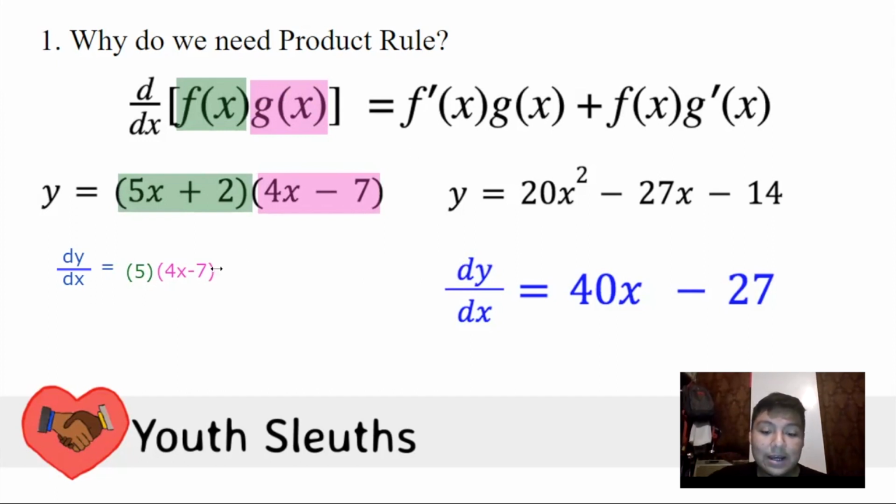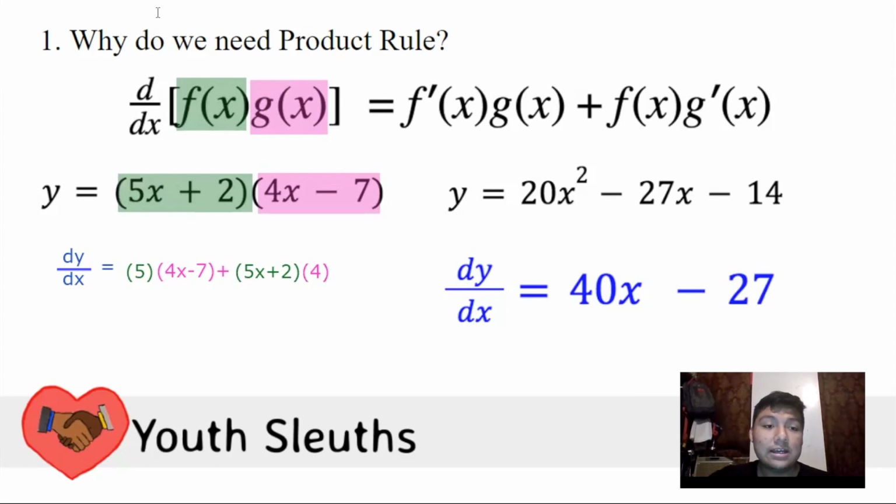So now we continue by adding, and then this time we have 5x plus 2 staying the same. But then 4x minus 7 gets derived, which would just be 4.